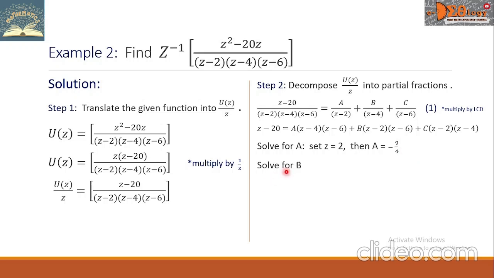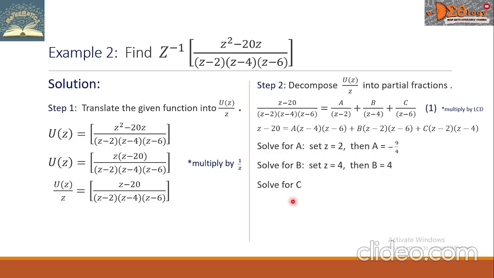Next, let us solve for B, which means we will try to eliminate A and C respectively. Notice here that the variables A and C have a common factor, and that is the z minus 4. So what we're going to do, let us set z equals 4. By doing that, we will get the value of B, and that is B equals positive 4.